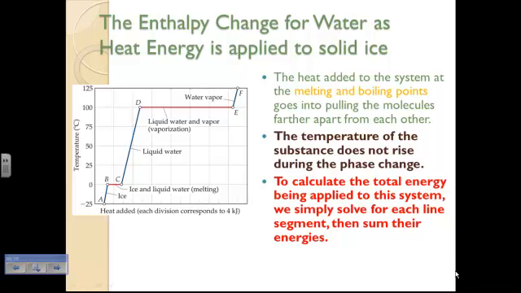Line segment BC, that's a phase change. Notice how it's labeled: ice and liquid water. It's just melting, a phase change from ice to liquid water. At point B, it's all solid ice, but by point C, it's now converted all into liquid water. There is no temperature change during a phase change.